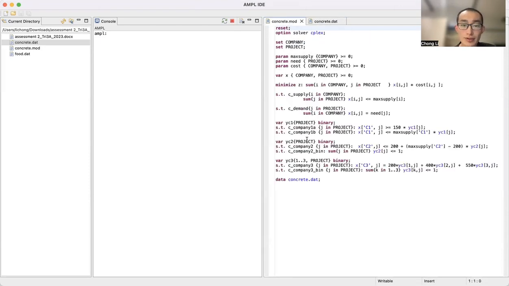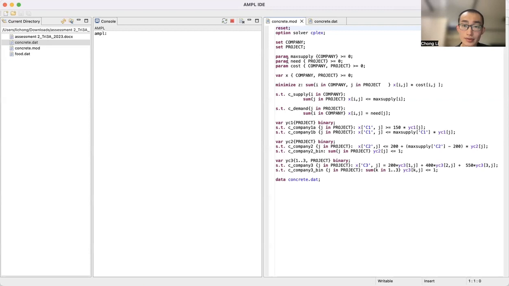Now we have three sets of parameters. First of all, each company has a maximum supply. It can produce as much as this number of concrete, and this number is non-negative.